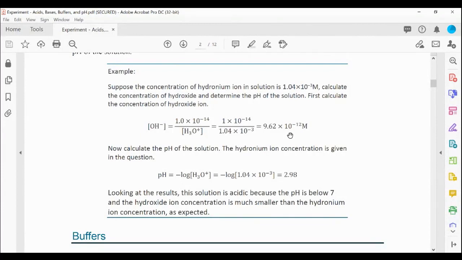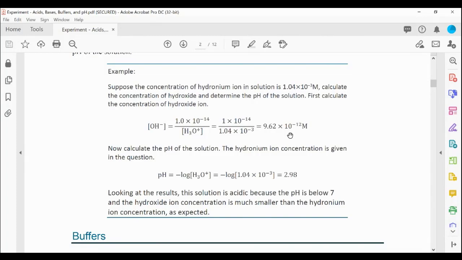As you see, which concentration is higher? The hydronium ions or the hydroxide ions? Obviously, 1.04 times 10 to the minus 3 is a bigger number than 9.62 times 10 to the minus 12. What does that mean?